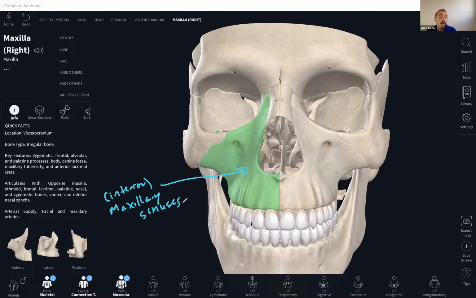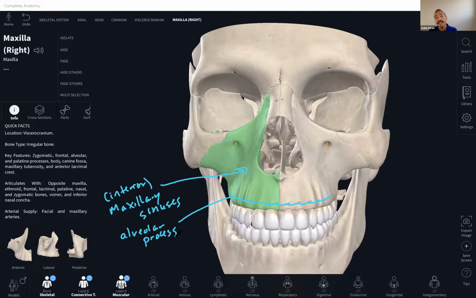Because the teeth are fitting into the maxillae, you can see this ridge here that I'm coloring in. This is known as the alveolar process. Alveolar processes, all those little bumps, because they stick out, alveolar processes.